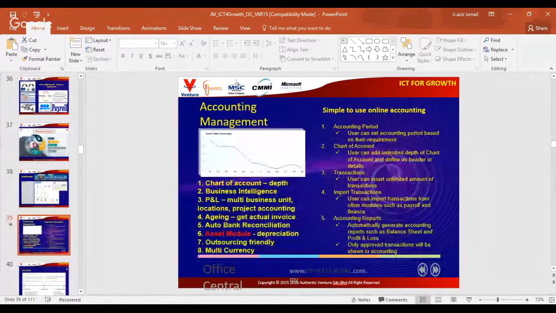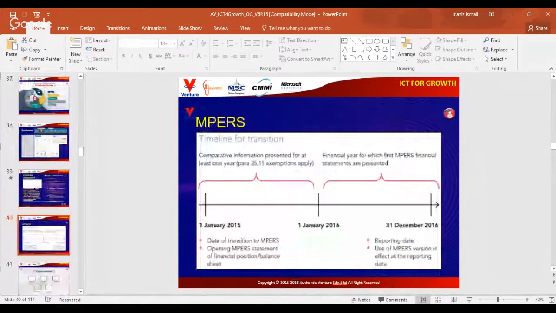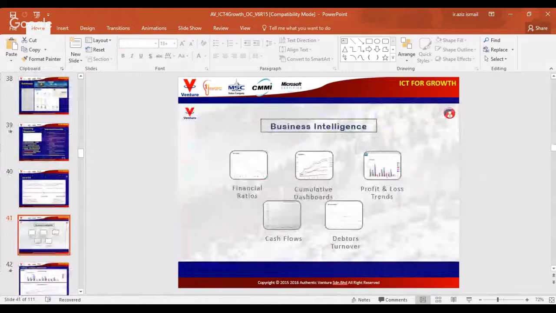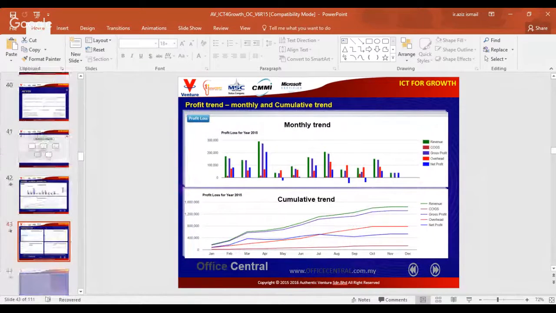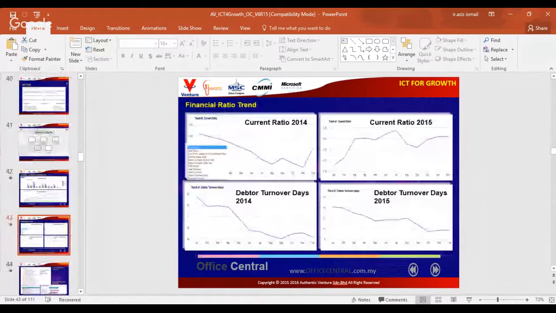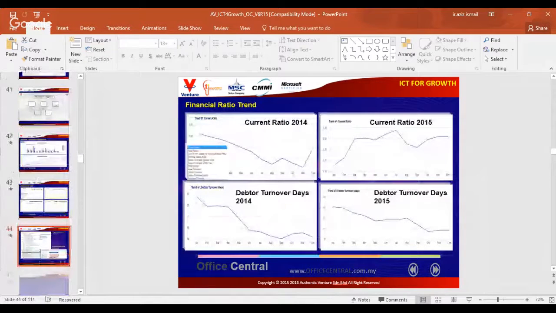The accounting complies with MPERS, the Malaysian Private Entity Reporting Standard, and you have business intelligence, and then monthly trend, cumulative trend, and various ratios inside the accounting. So we are going to touch on accounting later on.